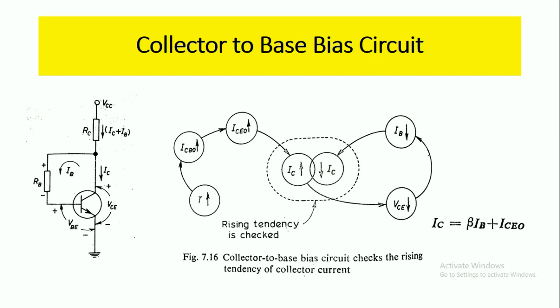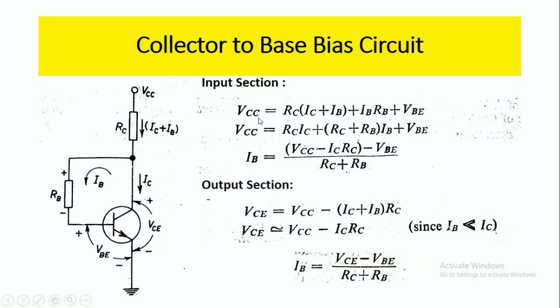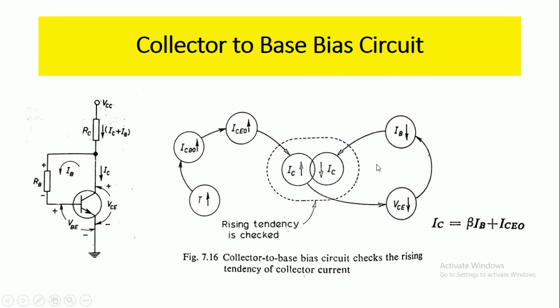In order to find the operating point for this collector to base bias circuit, we already know the equation VCC equals RC into (IC plus IB) plus IB RB plus VBE. Here in this equation just substitute beta IB for IC, that is, in the place of IC we substitute beta IB.